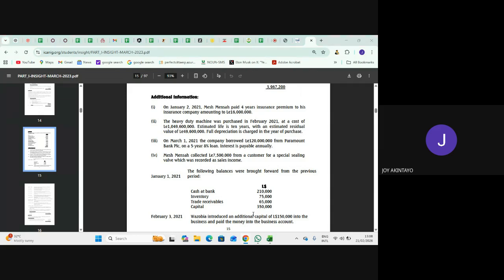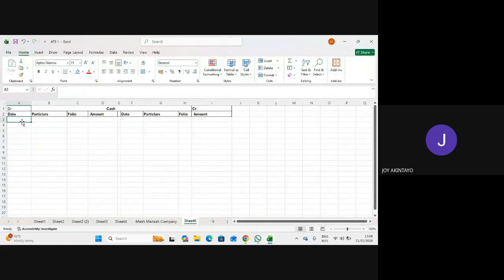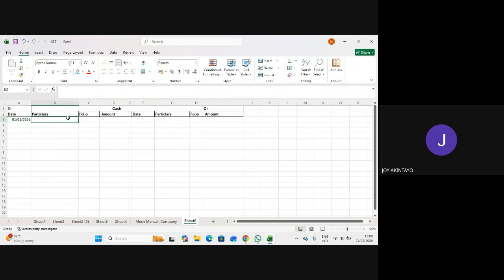I would say balance, which will be at the beginning of the year, 1/1/2021. So balance brought forward from last year. Balance b/f. How much? 210,000. Are you getting it?